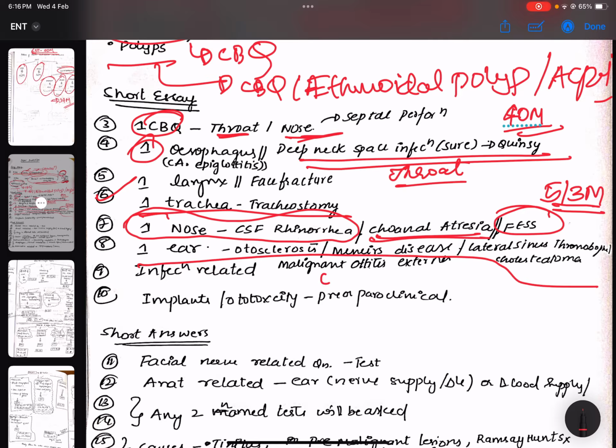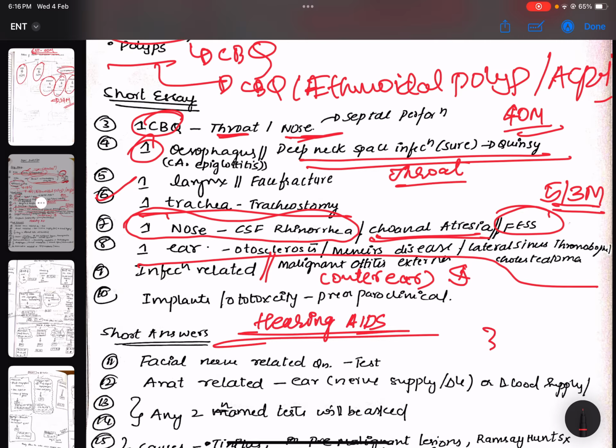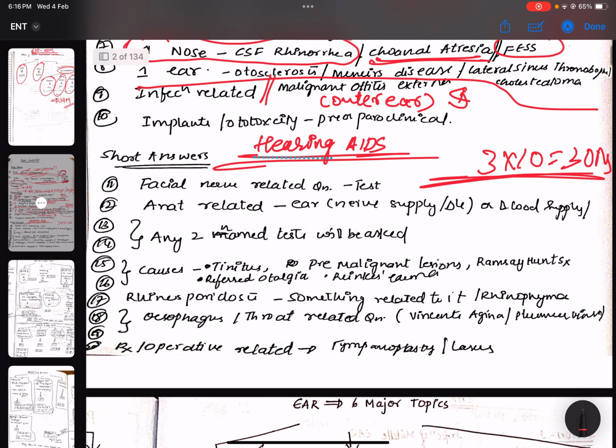And something related to outer ear is one question, or something related to infection is also important. And for sure, one question related to implants or ototoxicity or hearing aids is also important. Then you have 3 10-marker questions. So one question related to facial nerve, for example topodiagnostic tests, is important.